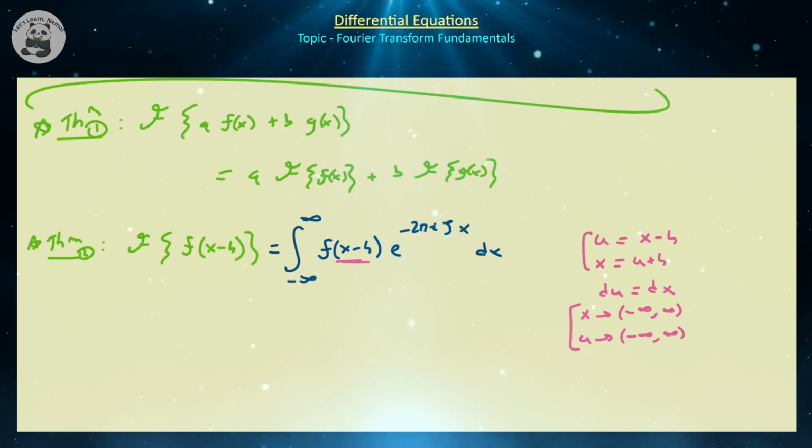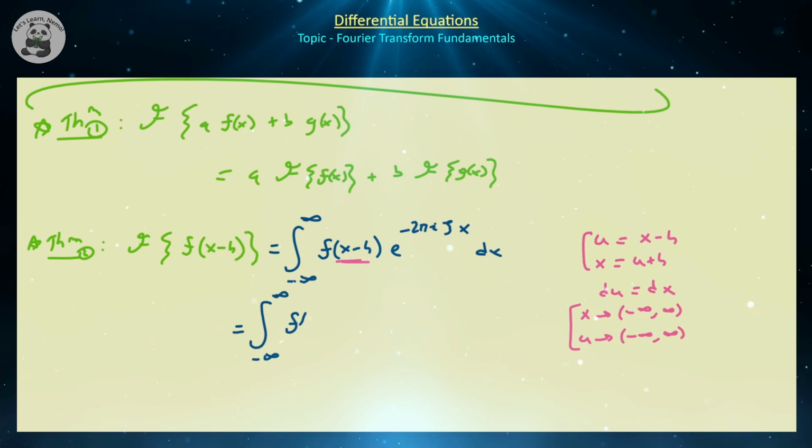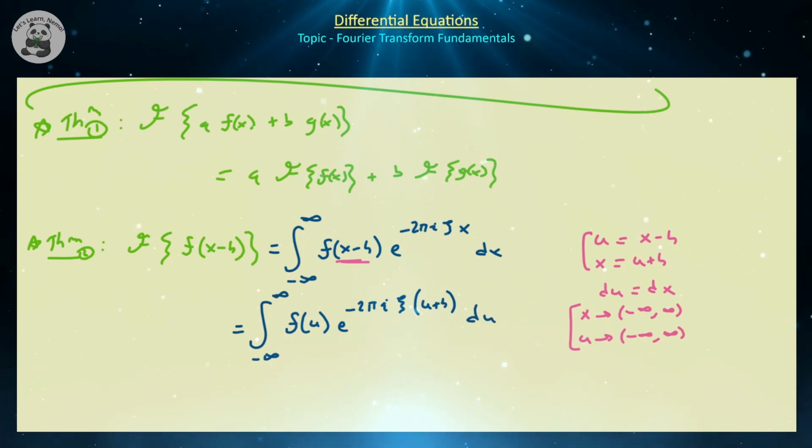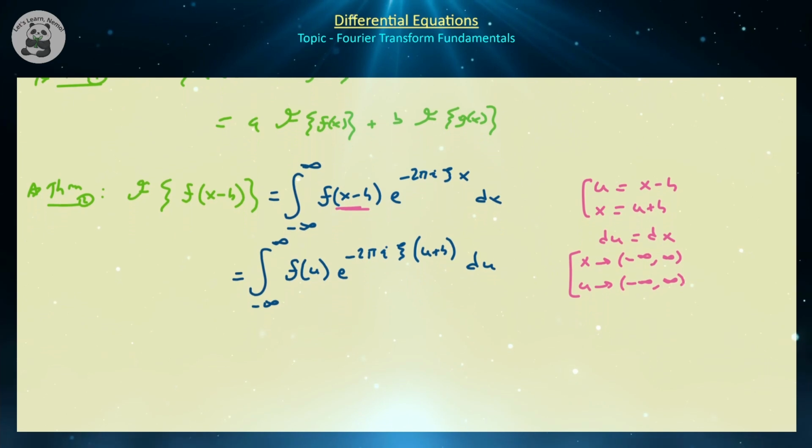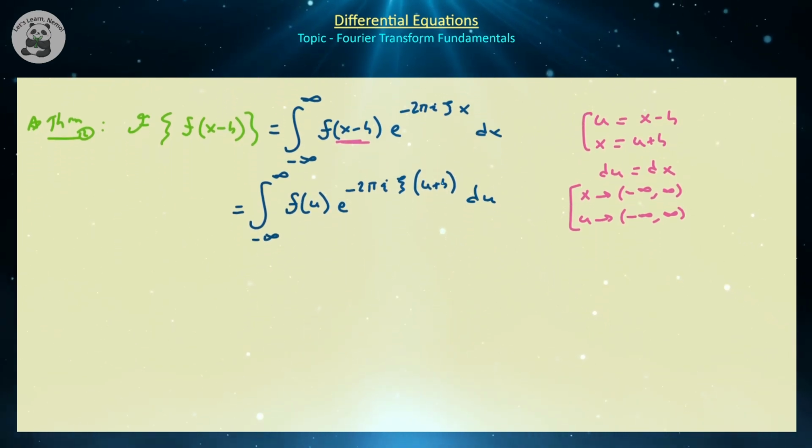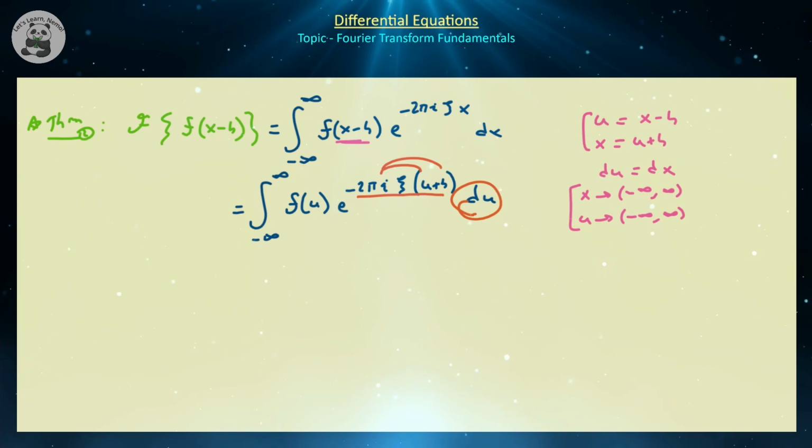So once I perform that substitution, I'm going to have the integral from minus infinity to infinity of f of u times e to the minus 2 pi i psi x, and x is u plus h, times du, because du and dx are equal to each other. So what I want to do is decompose this exponential by distributing and factor out everything that does not have u in it.